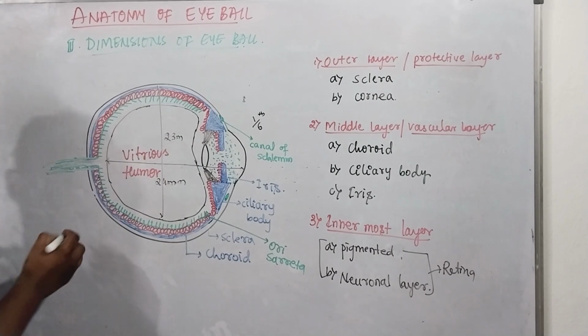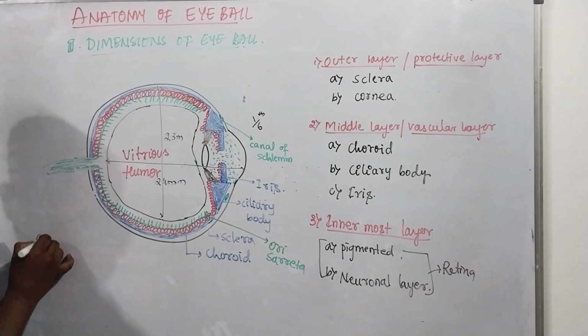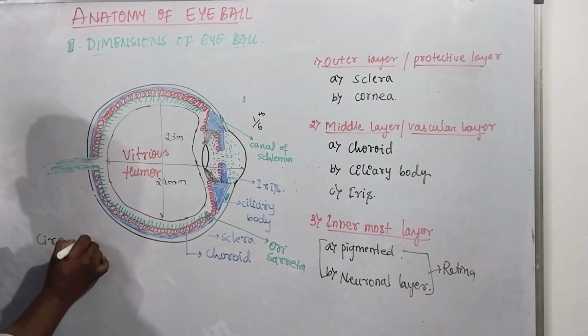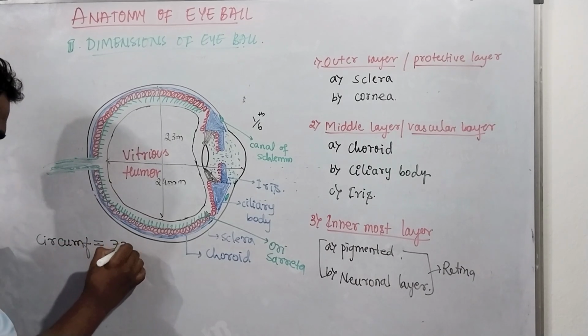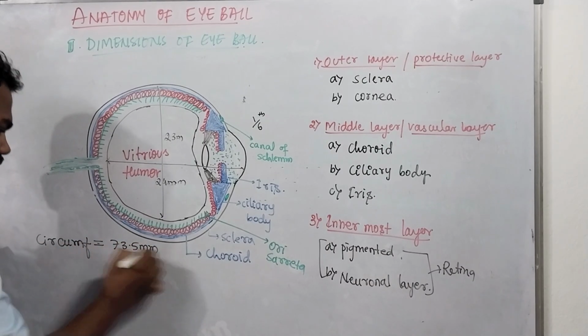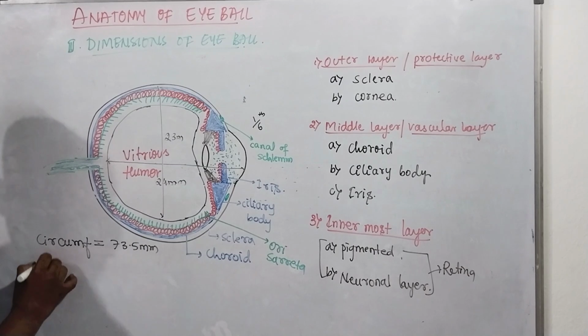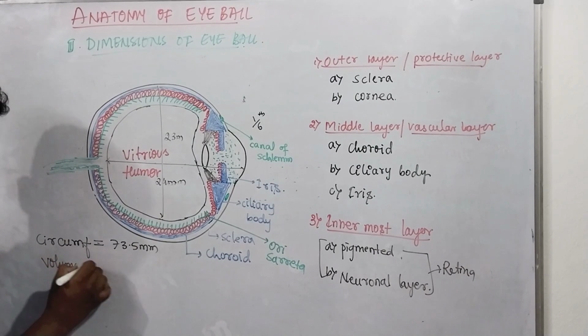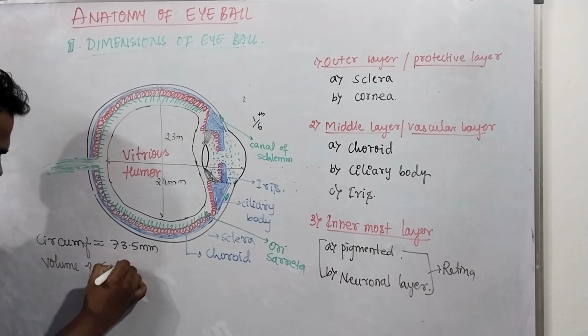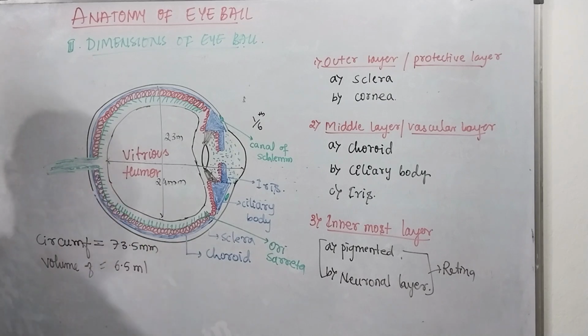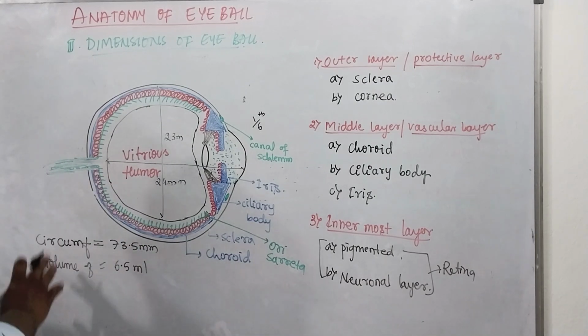The circumference of an eyeball is about 73.5 millimeter, and the volume of an eyeball is about 6.5 ml. This is the dimensions of an eyeball.